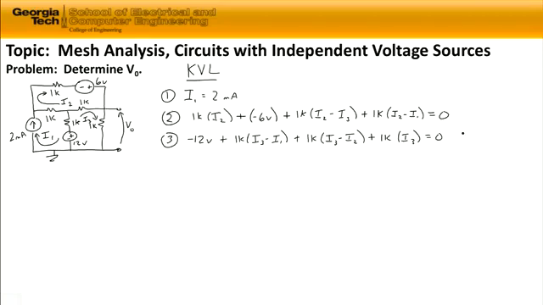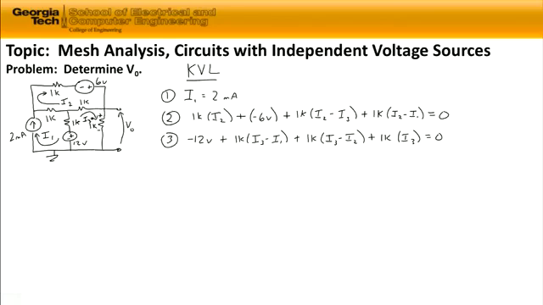So we can solve for each one of those loop currents if we want to. The problem that we have is to find V sub 0, which is the voltage drop across the 1 kilo ohm resistor. So the only current we're really interested in is I3. Once we have I3, we can multiply by the 1 kilo ohm, and since it's flowing in that direction, we use the passive sign convention to assign polarities.